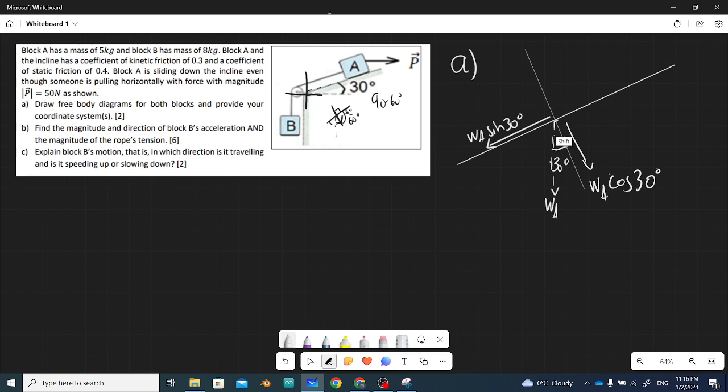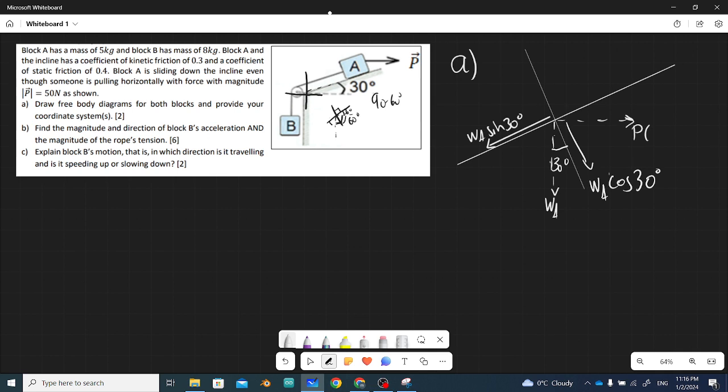Let's do the P. So I just want to remake that. All right, that's P. Actually, I'm going to make it dotted because it's not an X or a Y force, it's just the sum of forces. So this is P.